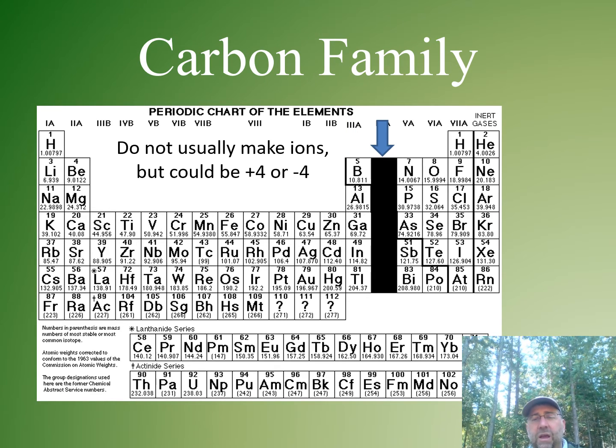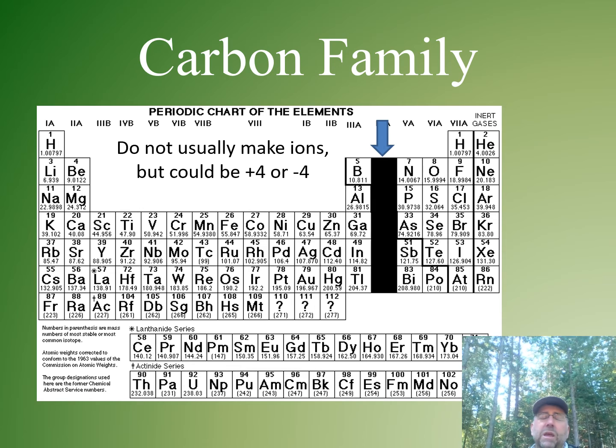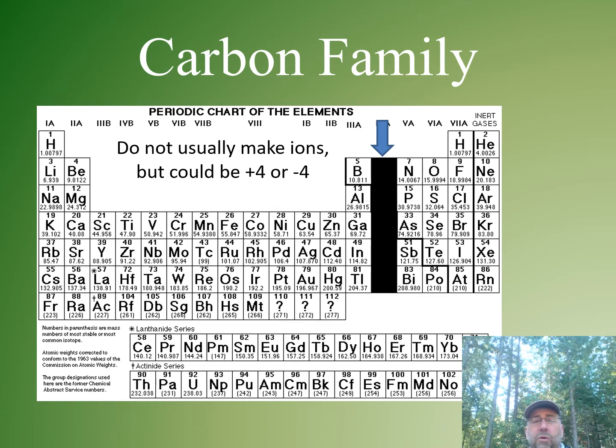The carbon family has 4 valence electrons. It is just as easy, theoretically, to gain 4 electrons and have 8, or lose 4 electrons and have 0. So they could make ions that are either plus 4 or minus 4. Interestingly, carbon doesn't make ions all that often.